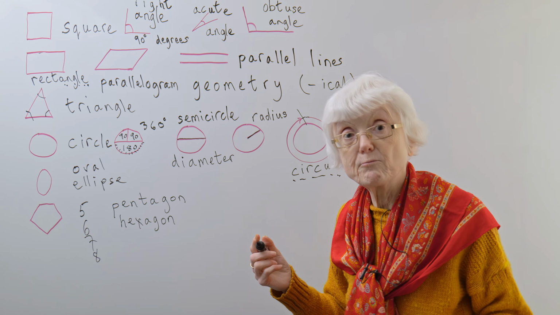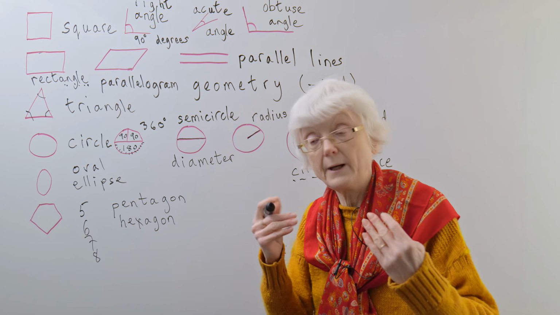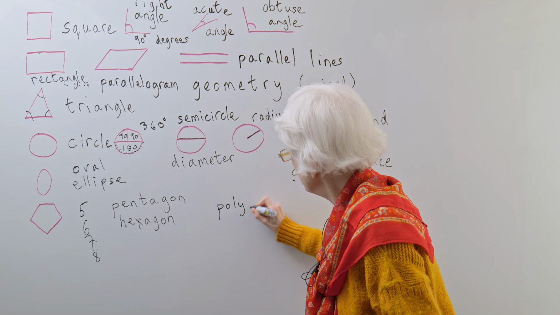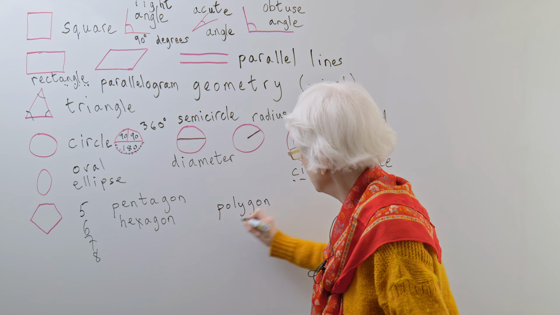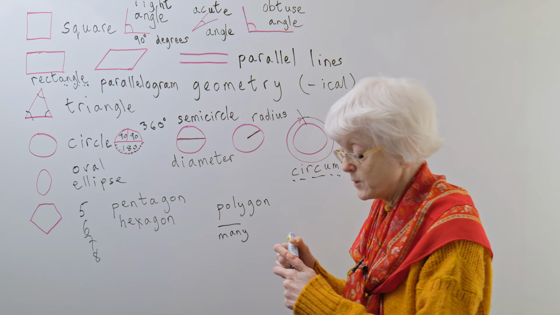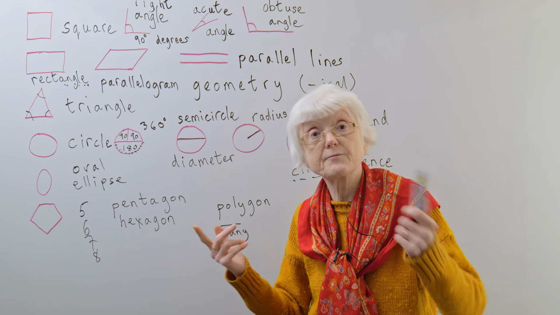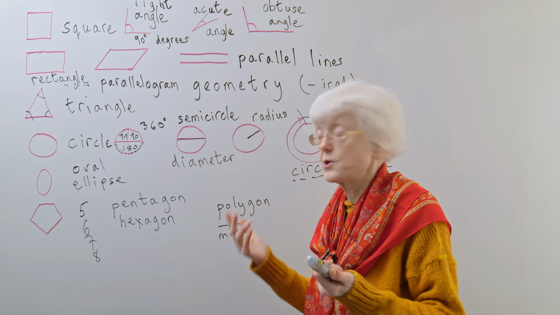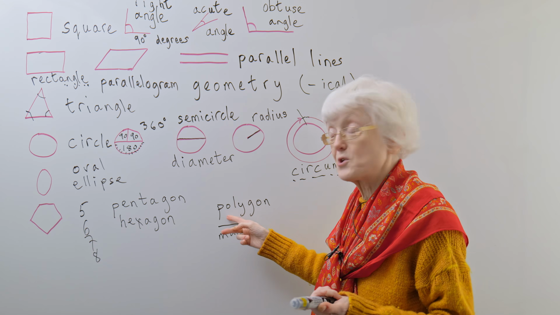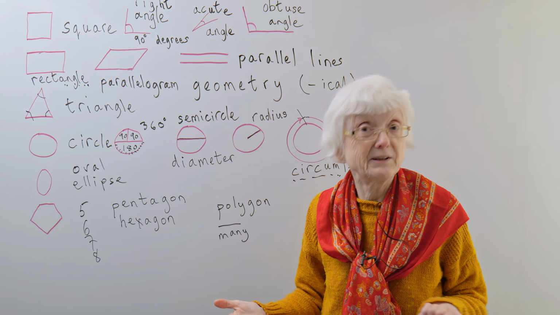The general name for that, meaning many sides or many angles, is a polygon. Poly means many. So if you don't sort of say it has 5, 6, 7, 8 sides, you can just say, well, it has a lot of sides, and you can just generally say a polygon.